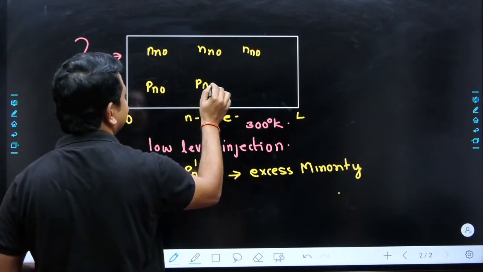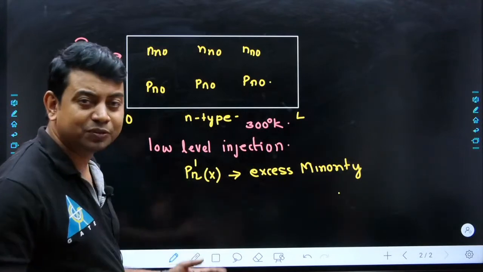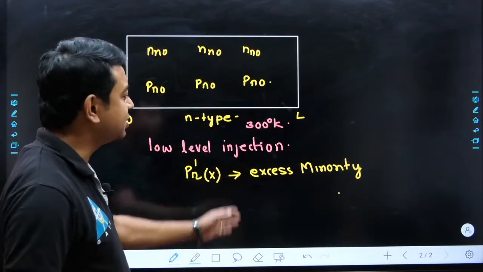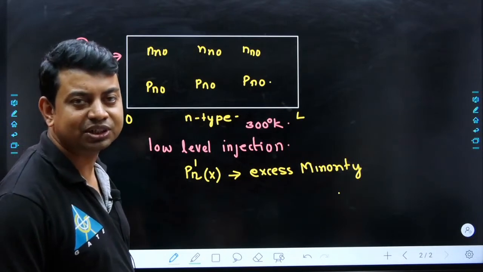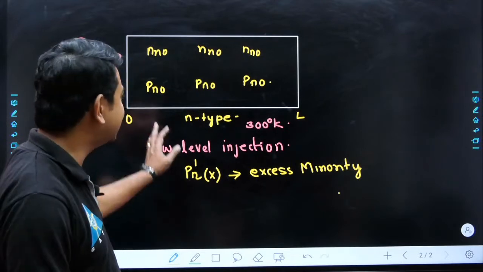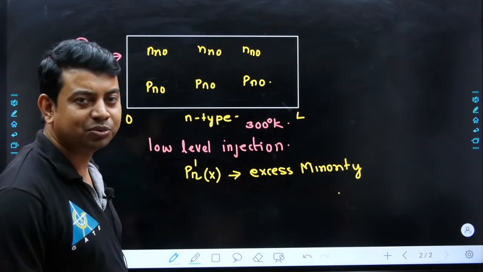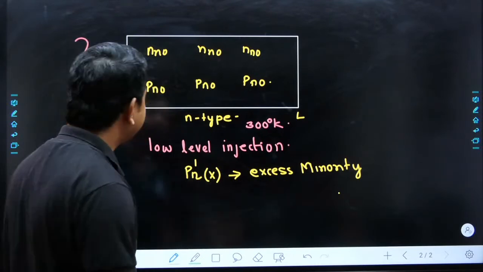What is the meaning of thermal equilibrium? The temperature is 300 Kelvin and we are not changing the temperature value. So these are the charge carriers present within the N type semiconductor at thermal equilibrium.